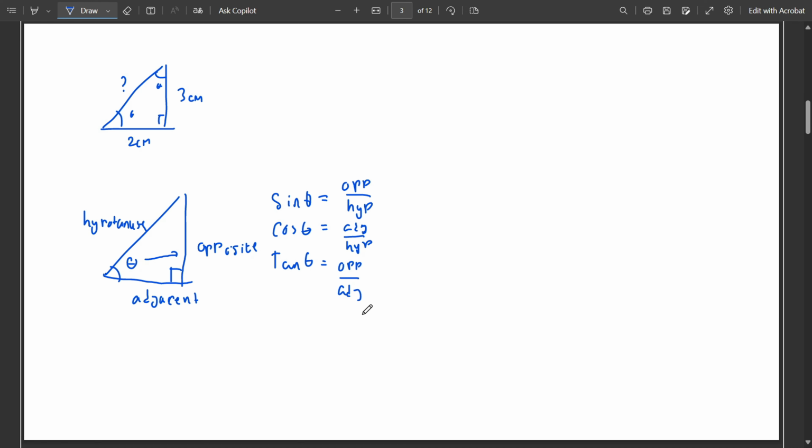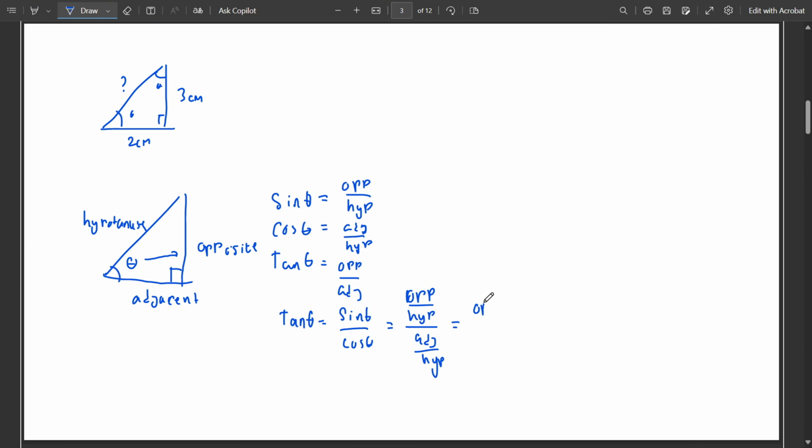In trig identities, tangent theta is actually sine theta over cosine theta. You can see sine theta is opposite over hypotenuse, and over our cosine theta, adjacent over our hypotenuse.